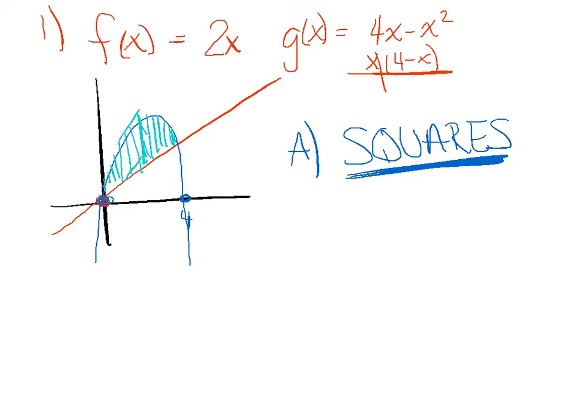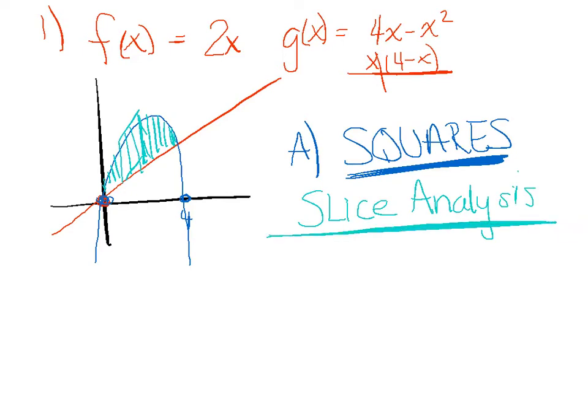So here's how our slice analysis works, and let's make sure you jot that down in your notebook. Every AP teacher in the country is going to use the same terminology here. We're going to call this a slice analysis.